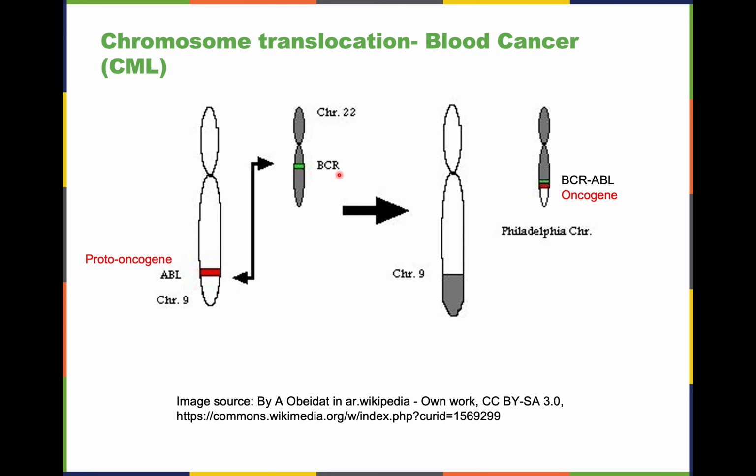It doesn't really matter, because as a result of this fusion, ABL is no longer in a form that can be regulated. It's out of control. It promotes growth without any limitations. So it turns from a proto-oncogene into an oncogene.